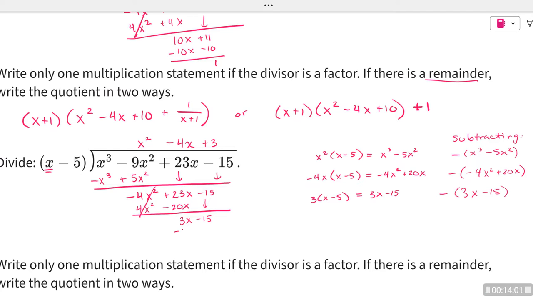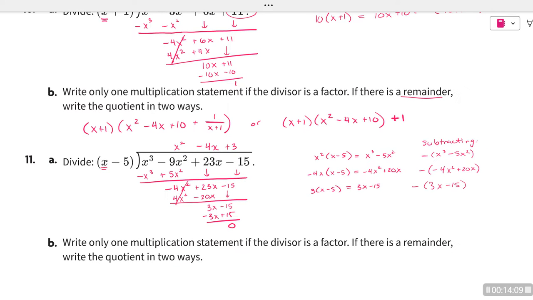So that gives us minus 3x plus 15, which gives us no remainder, right? So that divided perfectly. It says write only one multiplication statement if the divisor is a factor. Ours is, so our multiplication statement is x minus 5 times x squared minus 4x plus 3.